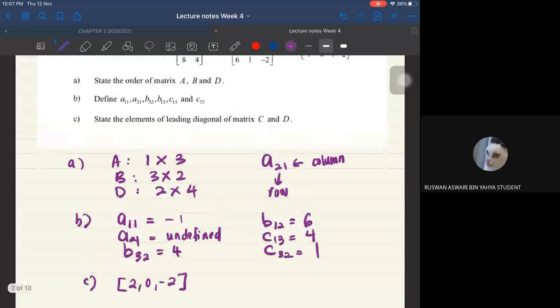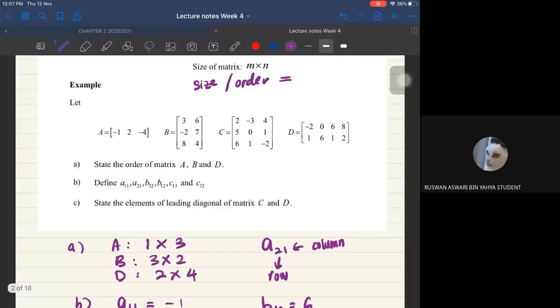For D, what is the element of the leading diagonal? What is the element of the leading diagonal for matrix D? Do we have it or not? If yes, what is that element?